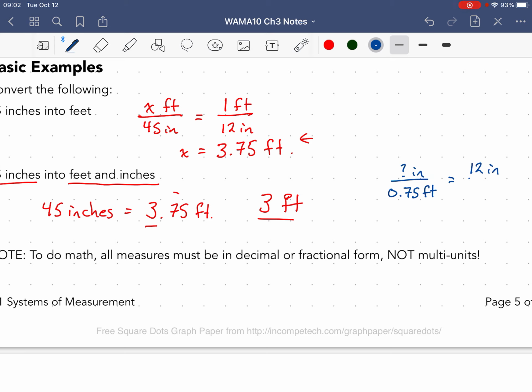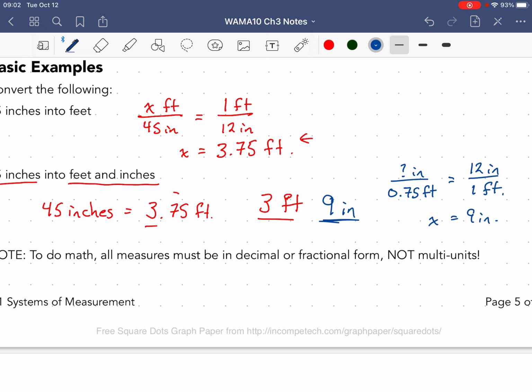If there are 12 inches in 1 foot. So again, I'm going to do my cross multiply, times by that, divide by 1. So I do 0.75 times 12 divided by 1 is 9 inches. So it's 3 feet and 9 inches.